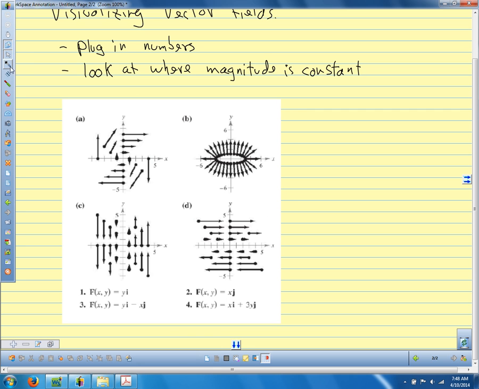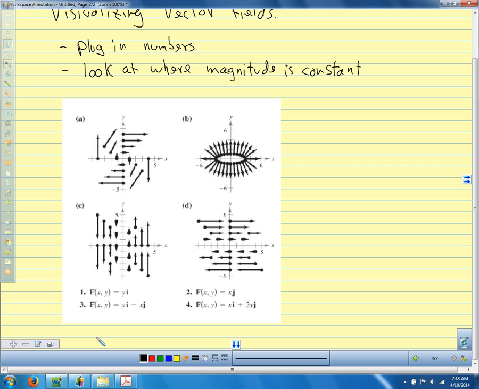All right, so we want to match these vector fields to their graphs. Number one says vector F of x, y equals y i hat.